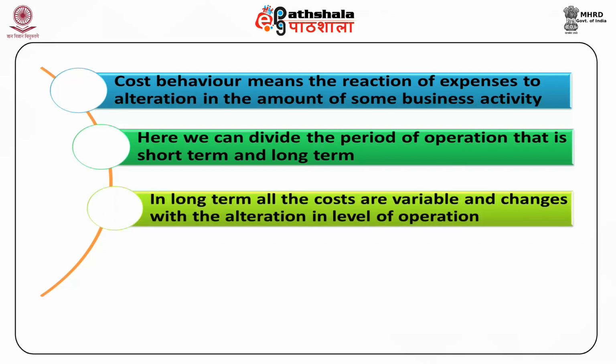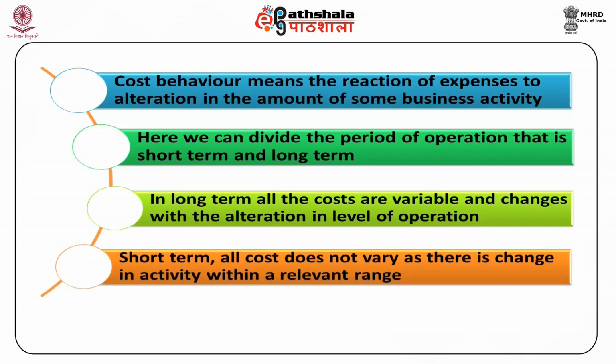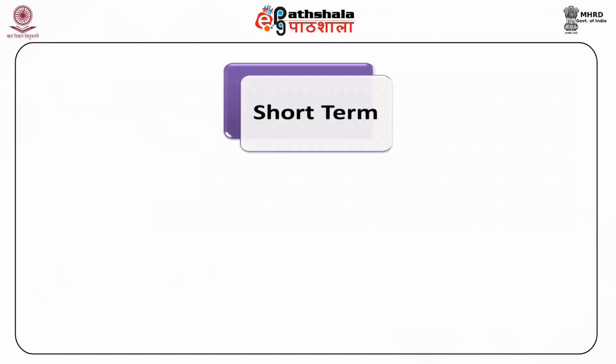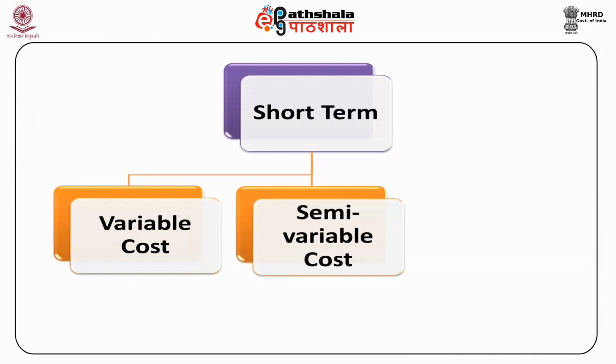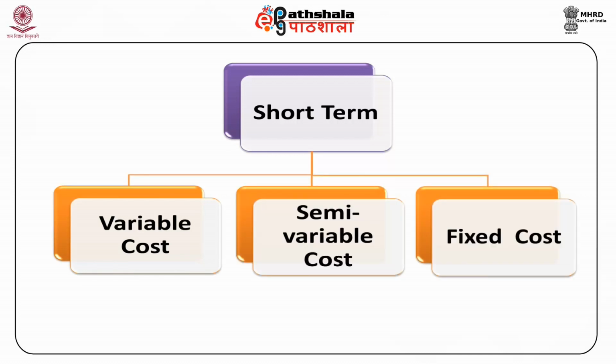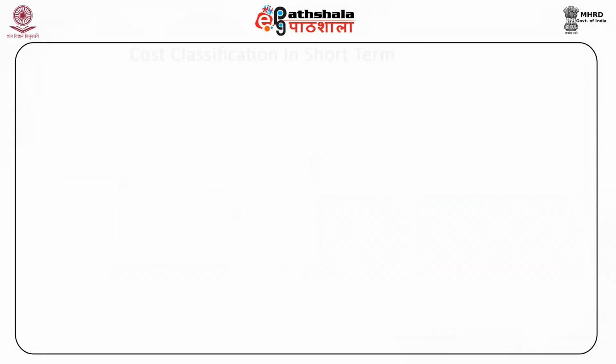In long term, all the costs are variable and change with the alteration in level of operation, but in short term, all costs do not vary as there is change in activity within a relevant range. In short term, we have three different kinds of costs, namely variable, semi-variable, and fixed cost. Now let's explain cost classification in short term.